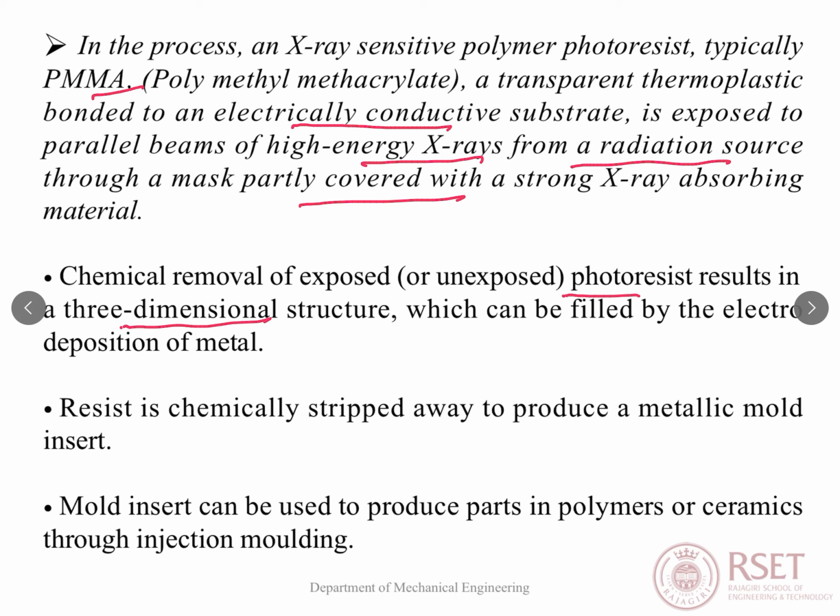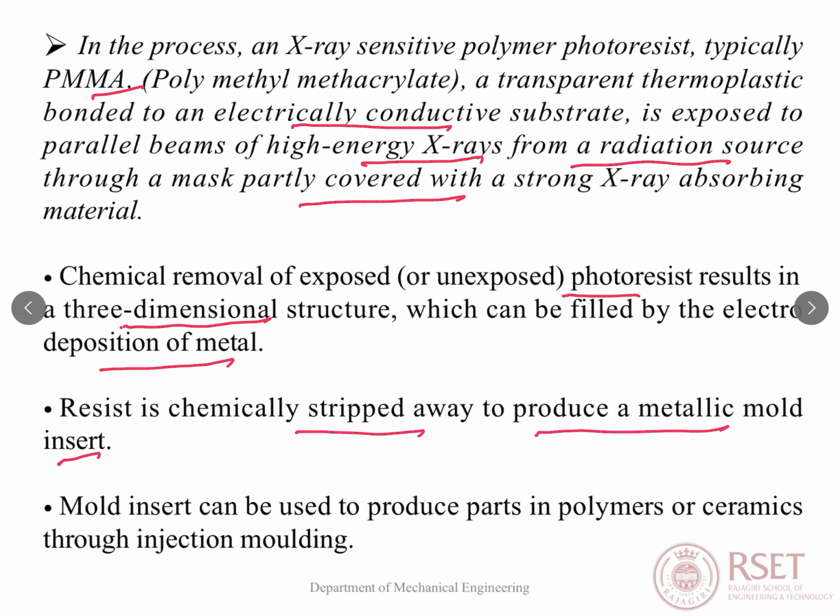The region where the X-ray is acting, the chemical removal will take place, decomposition will take place, which can be filled by electrodeposition of metal. That region can be deposited with the metal by electrodeposition. The resist is chemically stripped away or removed to produce a metallic mold insert.